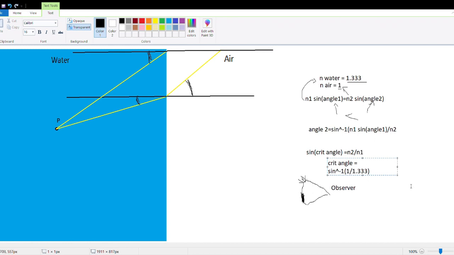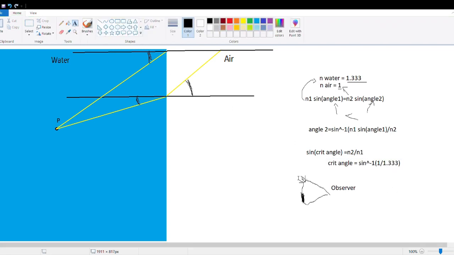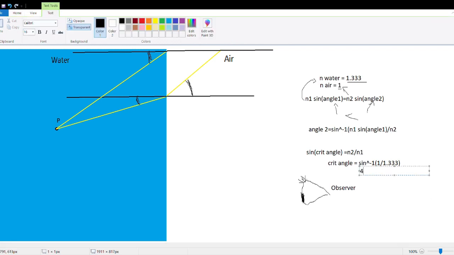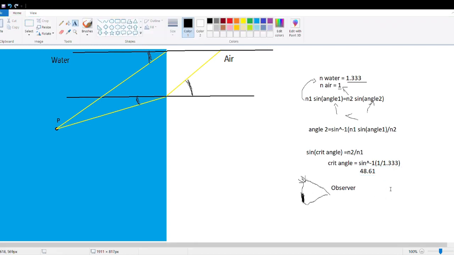Sorry, let me write that a bit better. Okay, so the critical angle is actually equal to 48.61 rounded. So that's the critical angle. That means that the biggest angle that angle 1 can be is 48.61.